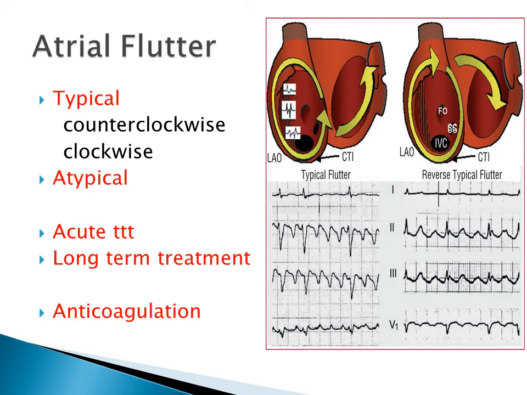And if the patient has atypical flutters due to, for example, previous surgery involving the atrium, the best long-term treatment also will be catheter ablation. If catheter ablation is not feasible, rate control may be given to the patient in the form of beta blockers or calcium channel blockers.